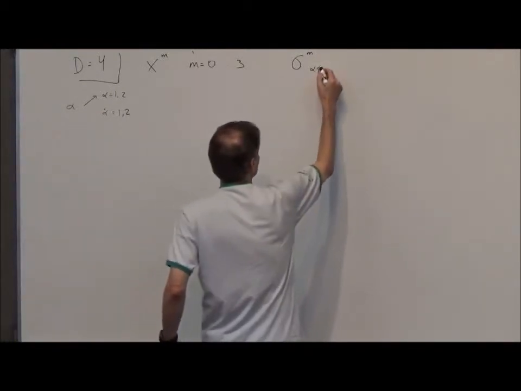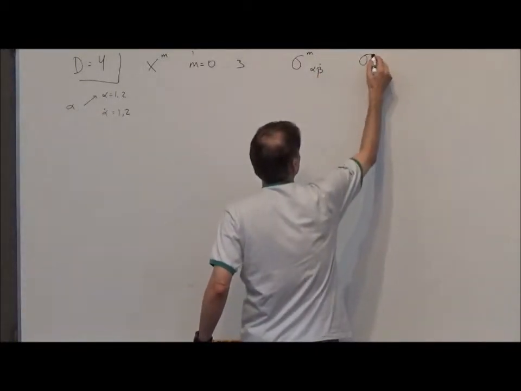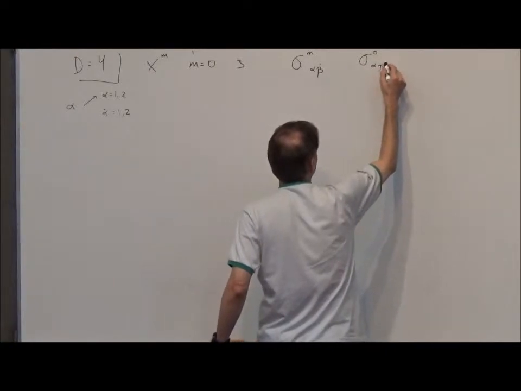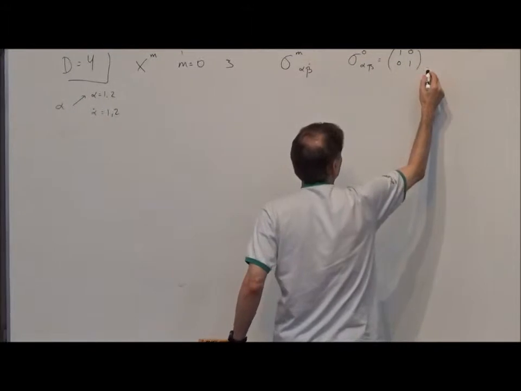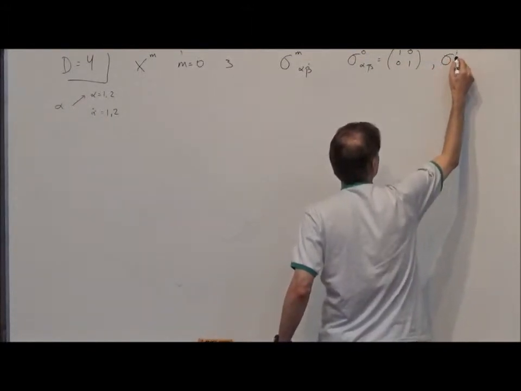So sigma 0 is just going to be defined to be 1, 0, 0, 1. And the other ones are the usual Pauli matrices.